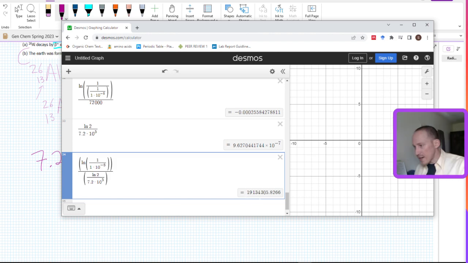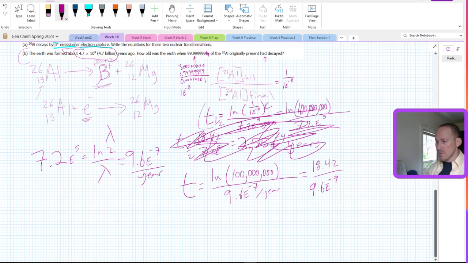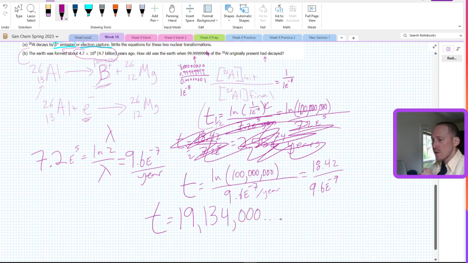There we go. That's the number that makes sense. 19 million years. 19,134,000 approximately. There's some other digits, but that gets us there. Years. So this makes sense.